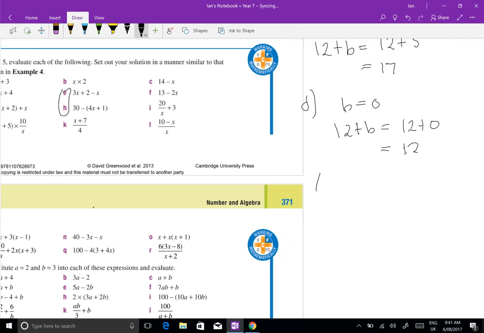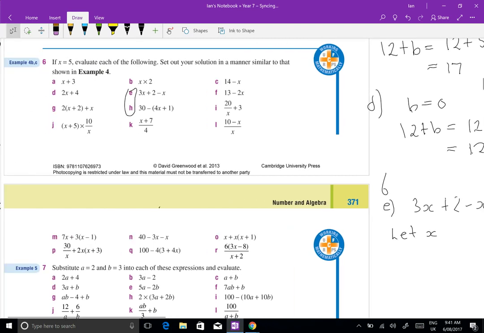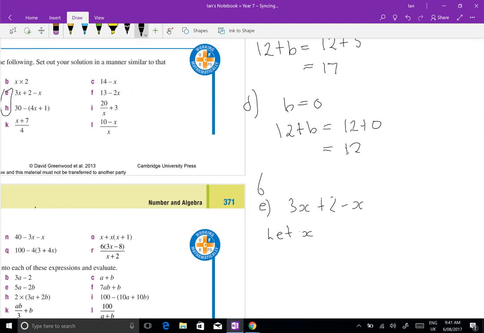In 6E, I've got 3x plus 2 minus x. And I'm going to let x equal 5. So everywhere there's an x, I'm going to put 5. So the value of the expression will be 3. Now I've got to be careful. It's not 3, 5.